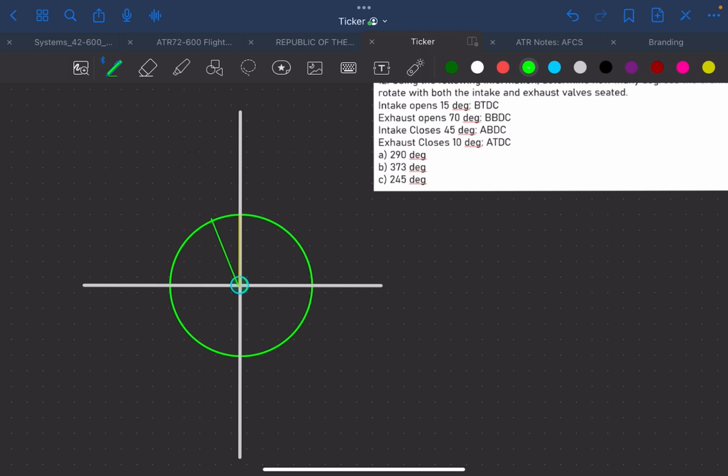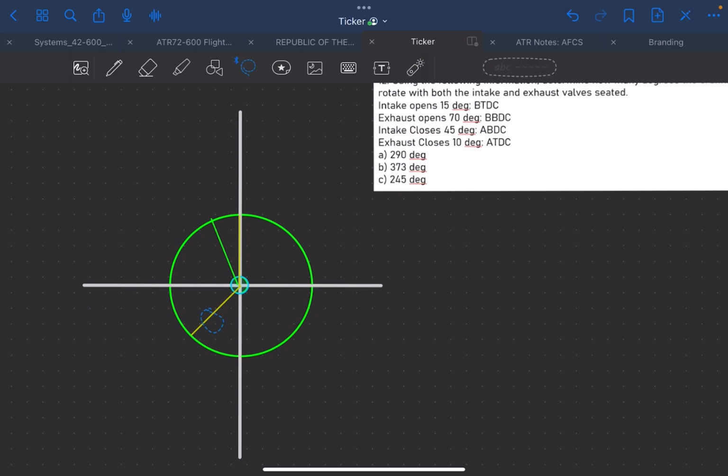So the crank throw will have to rotate 90 degrees during the intake stroke, and another 90 degrees. This time, after 45 degrees, the intake valve closes.